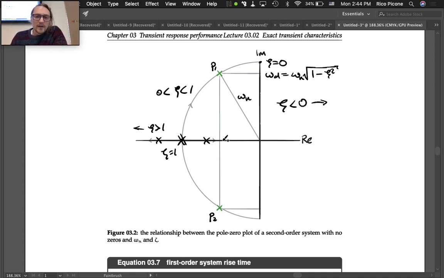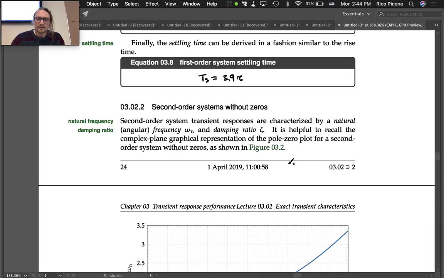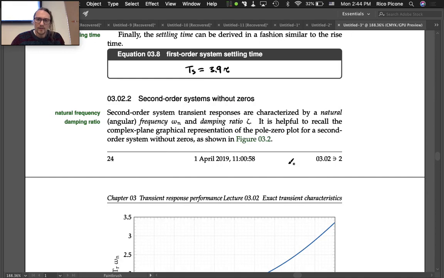The other way that geometrically we can relate this is that this angle here of the poles is the arc cosine of zeta, and the real part here is negative zeta omega n. So it's good to keep this in mind. We're going to start using this pole zero plot representation more and more, and so keeping this in mind while we're doing this part is going to be good for us to do.